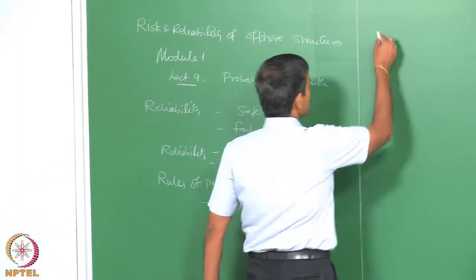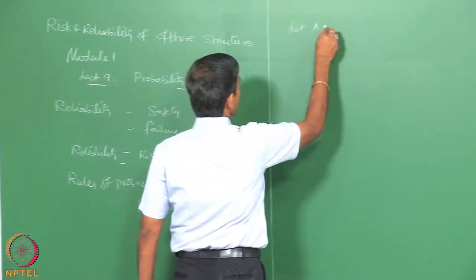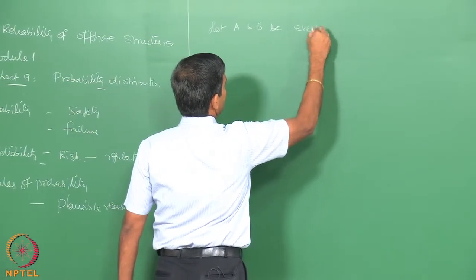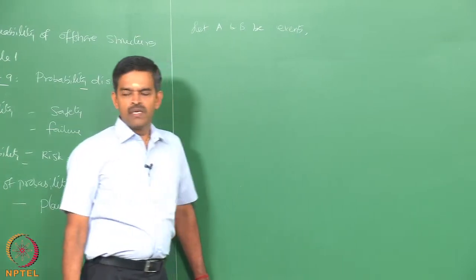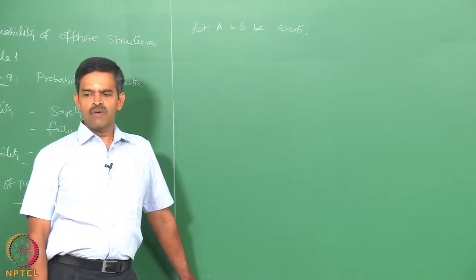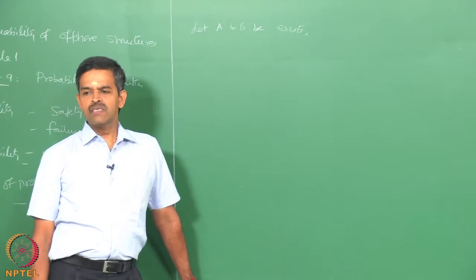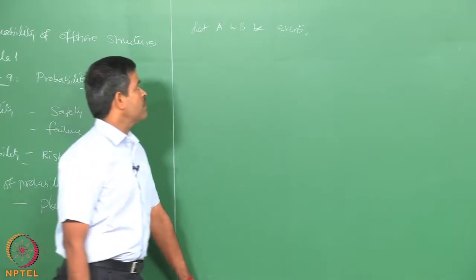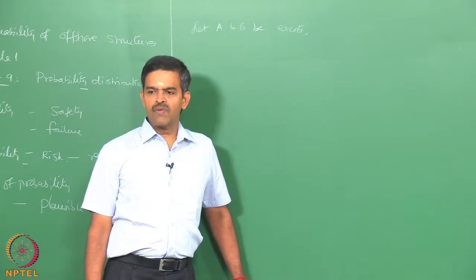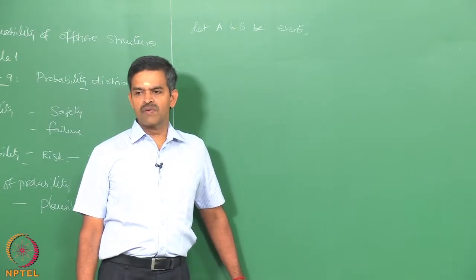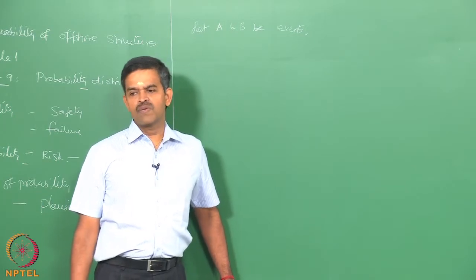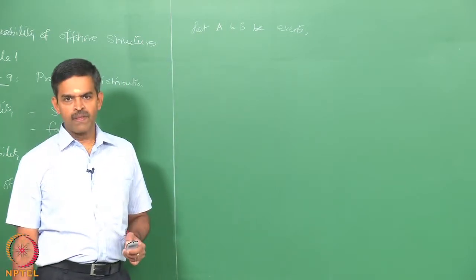Therefore, we have seen that if there are two events, let us say A and B, which are mutually exclusive and exhaustive, we can connect them in many ways and we will be able to establish the probability of occurrence of event A, provided we have the knowledge of probability of occurrence of event B or any other additional knowledge on event B and A, what we said as plausible reasoning.